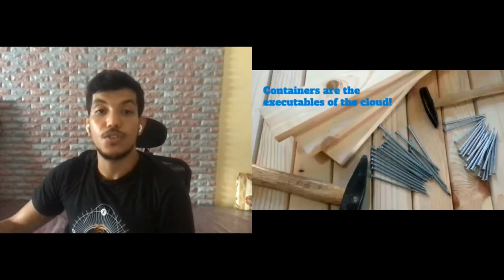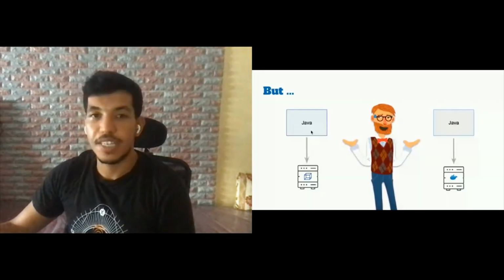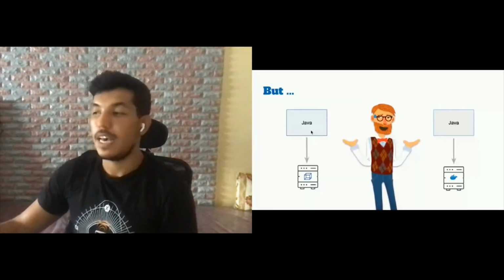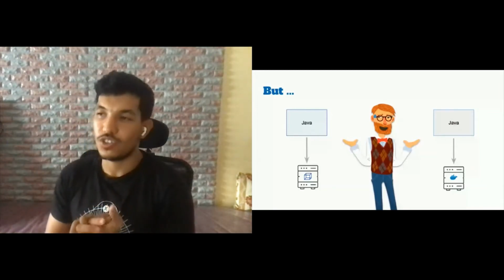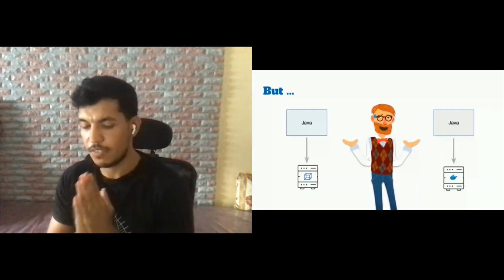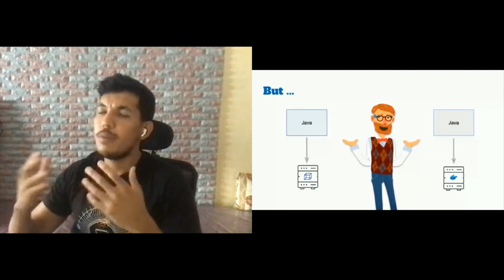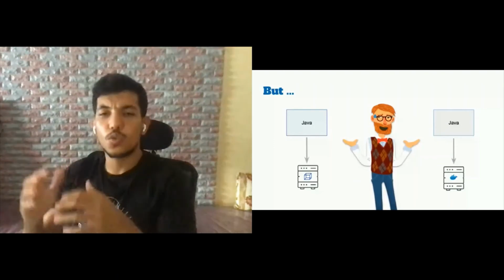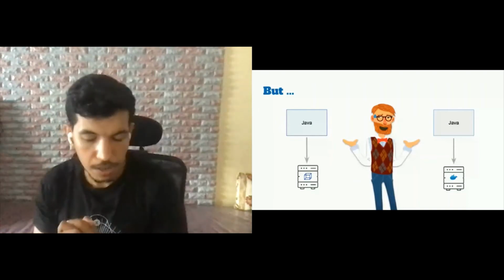Okay, so as you probably know, containers are nowadays everywhere, and they have become the executables of the cloud. But our friend Fedor thinks that containers added somehow a new layer of abstraction, especially for us, the Java developers, since we are already familiar with this standard way of packaging, which is the JAR file, or the Java archive file.